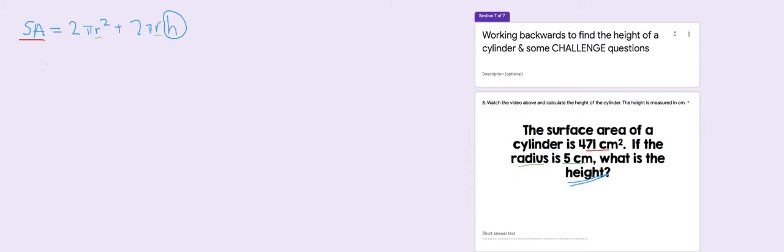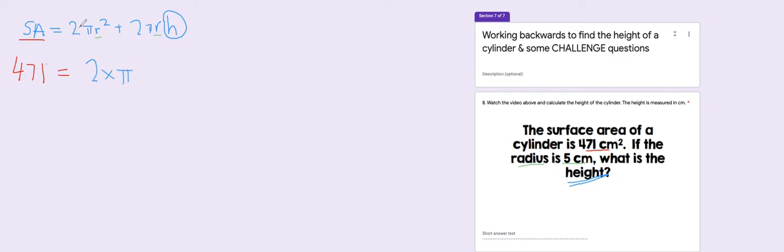Okay, let's go ahead and do this together. Where I see SA, I'm going to replace it with 471, equals 2 pi, and because they're stuck together, remember, when you've got a number and a letter or a symbol stuck together, there's always an invisible times joining them together.